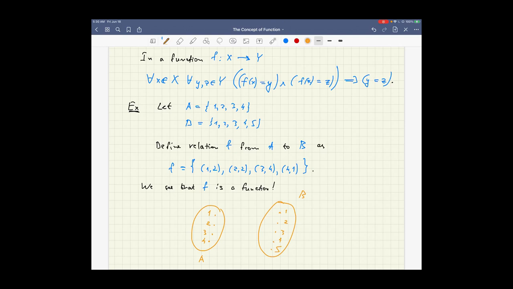We can match pairs. 1 corresponds to 2. And 2 corresponds to 2. 3 corresponds to 4. And 4 corresponds to 1. Here the domain of function f is the set A and simply is the set {1, 2, 3, 4}.